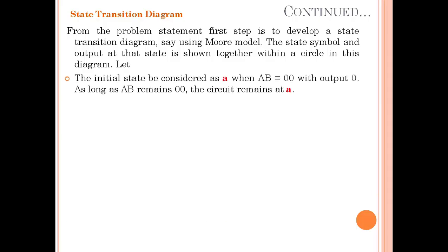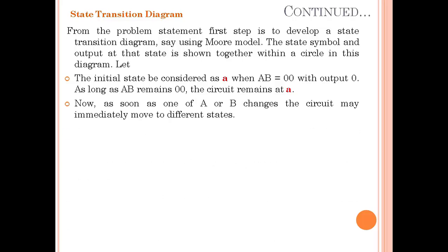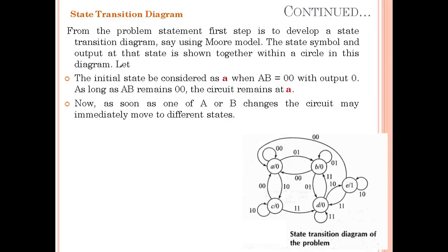Let the initial state be considered as A when AB is equal to 0 0 with output 0. As long as AB remains 0 0, the circuit remains at A. Now, as soon as one of A or B changes, the circuit may immediately move to different states.